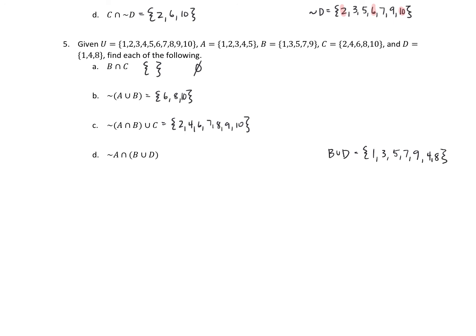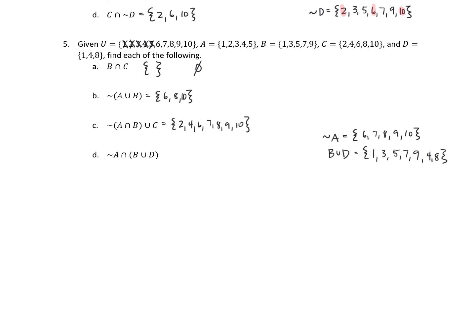Okay, now I want to know not A, or the complement of A. So I'm going to go to the universal set and mark off everything that was in A, that's 1 through 5. And then whatever's left is the complement of A. So that's 6, 7, 8, 9, 10. And now I want to do an intersection between those two sets that I wrote down on the right.